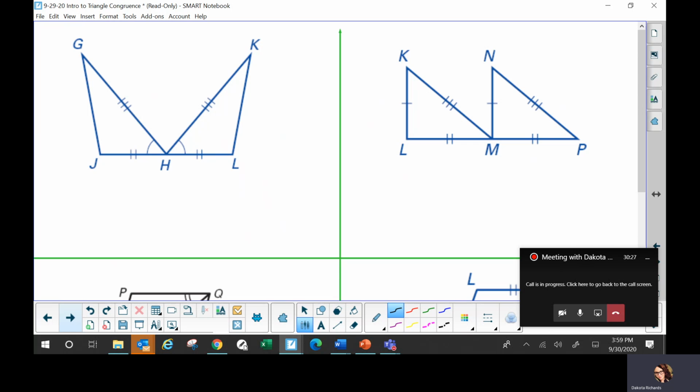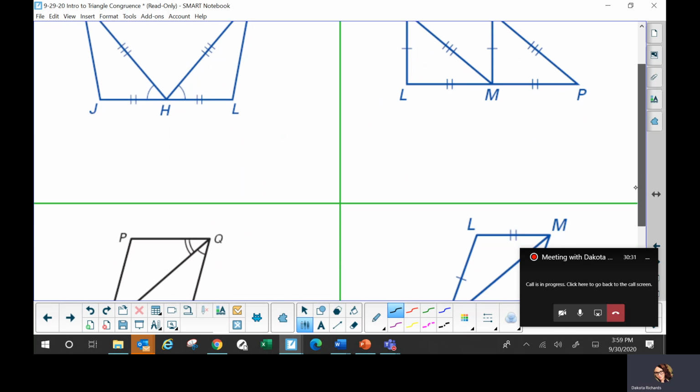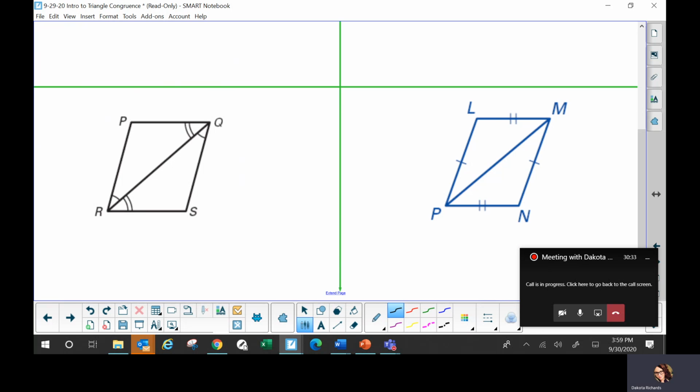Okay, so I'm going to pick some. So like these. Here we have a shared side. That shared side happens to be in the middle of two angles. So this one would be congruent through angle, side, angle.